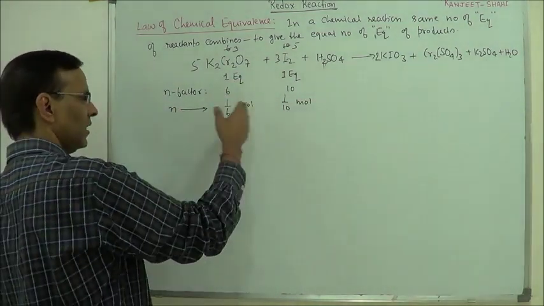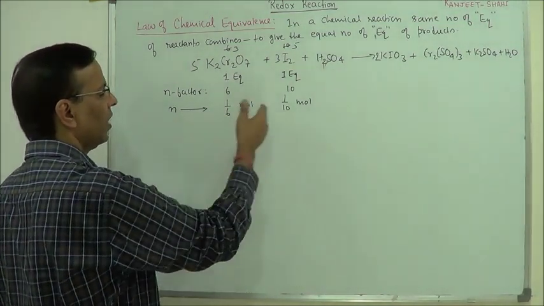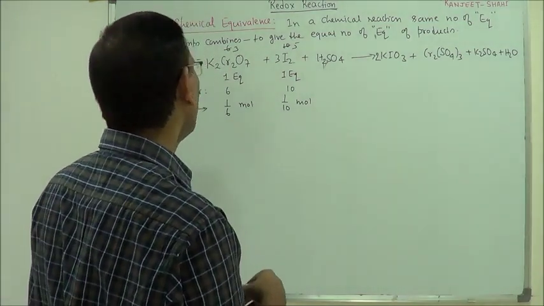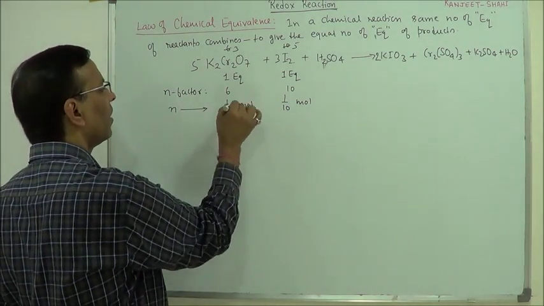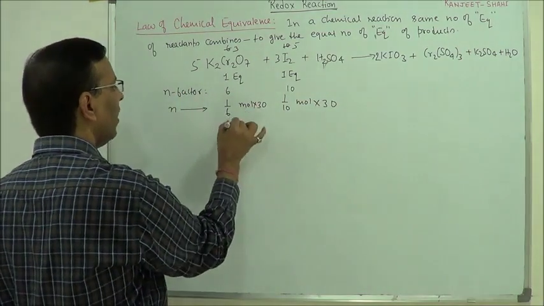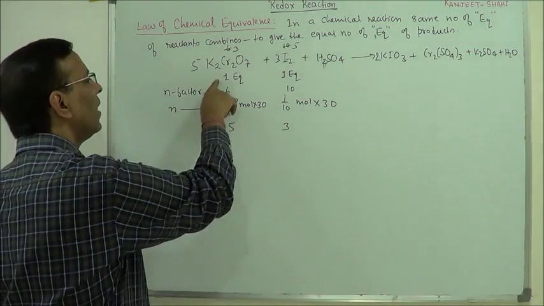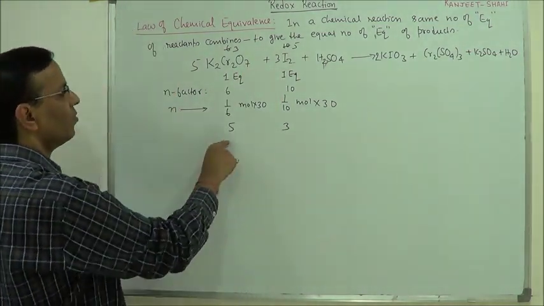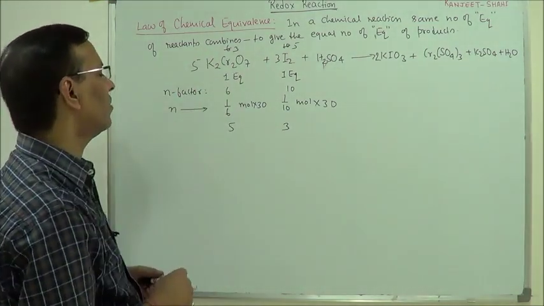If we rationalize it, we have an LCM of 30. If we multiply by 30, we obtain 5 here and 3 here. So for one equivalent, their molar ratio will be 5:3, and we have already seen that they react in a 5:3 ratio.